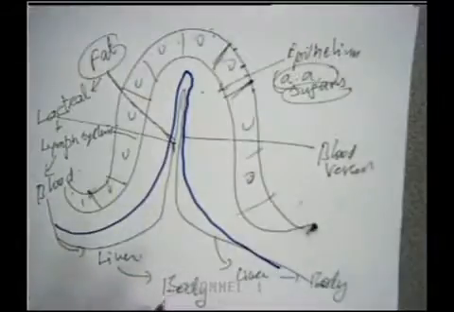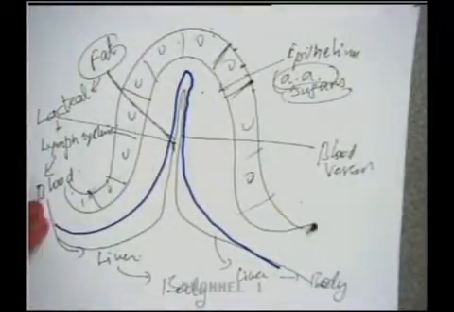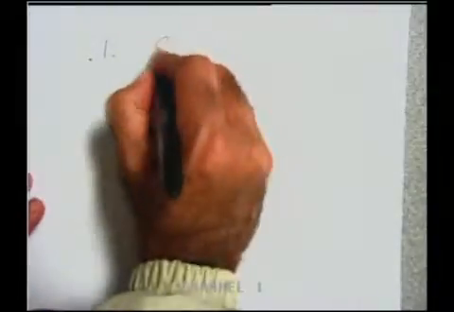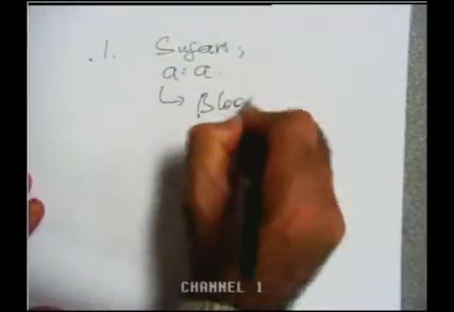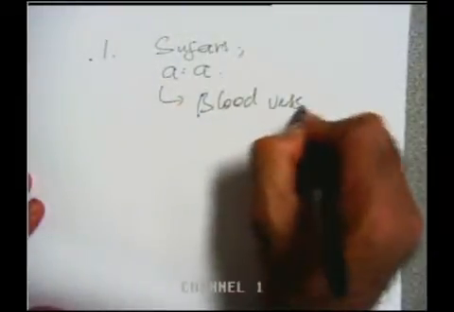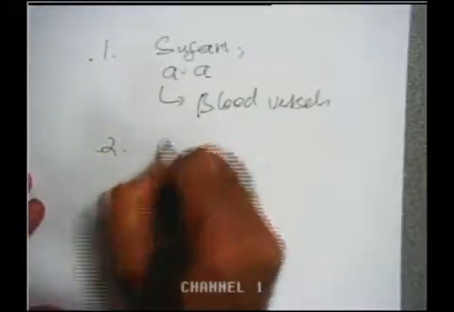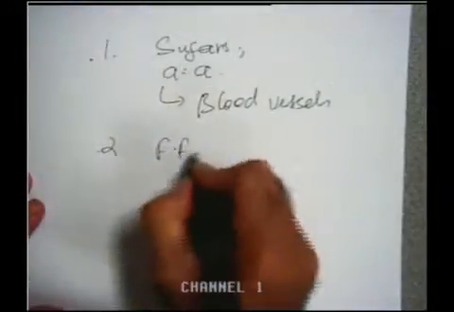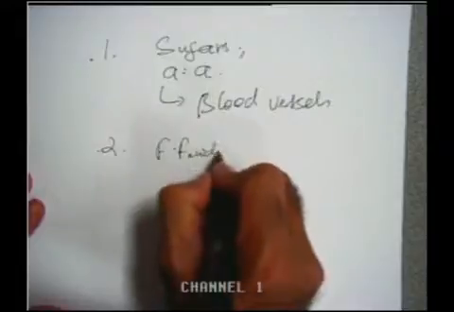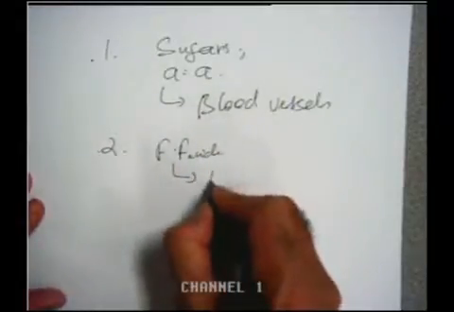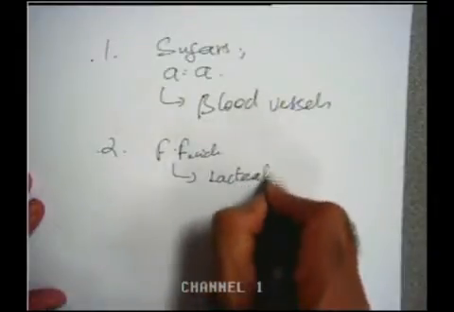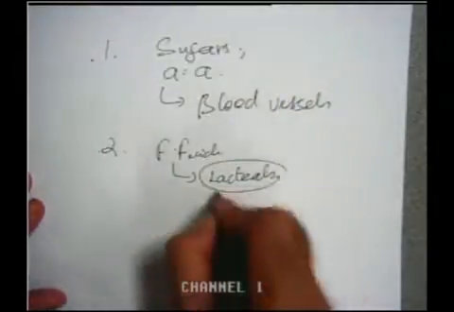So there are two pathways you should remember here. One is the digested sugars and the amino acids, which enter through the blood vessels or the capillaries. Number two, free fatty acids, which will enter as lacteals.